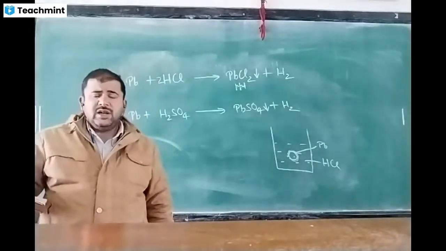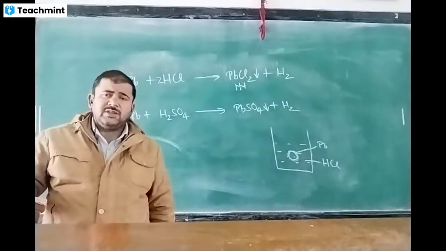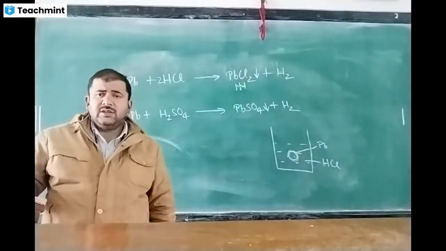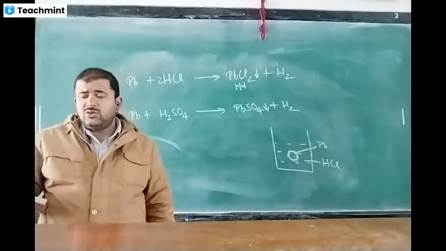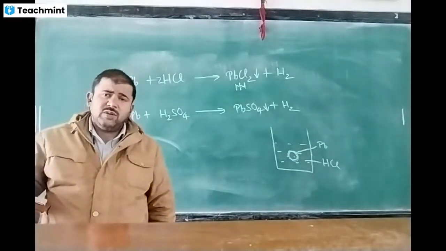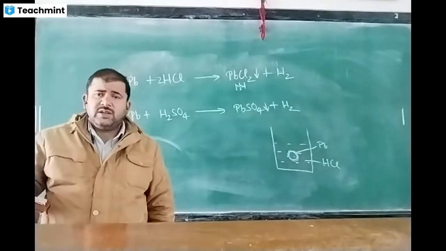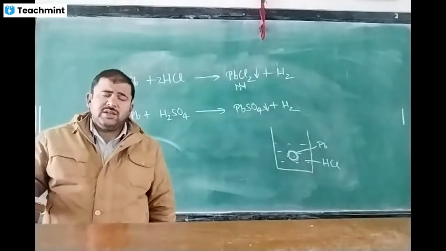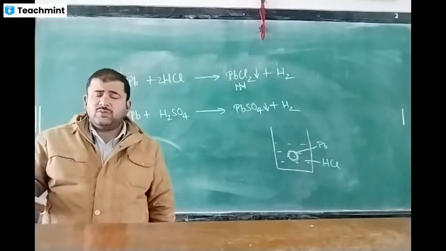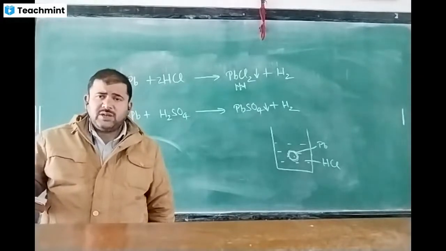Zinc, lead, aluminium react with the alkalis, and due to the reaction they give the respective salt plus hydrogen gas. When zinc reacts with sodium hydroxide, we get sodium zincate plus hydrogen gas. When zinc reacts with potassium hydroxide, we get potassium zincate plus hydrogen gas.